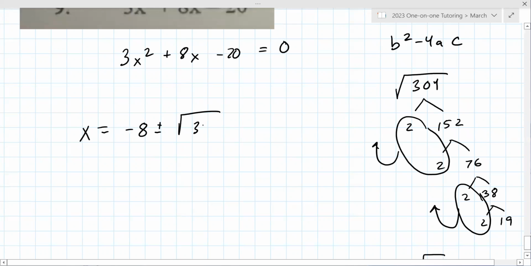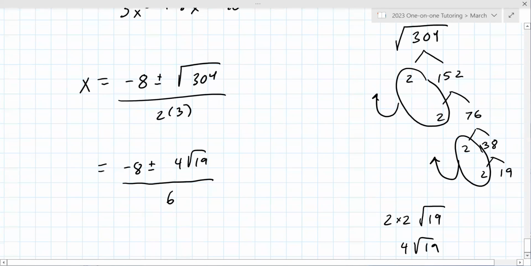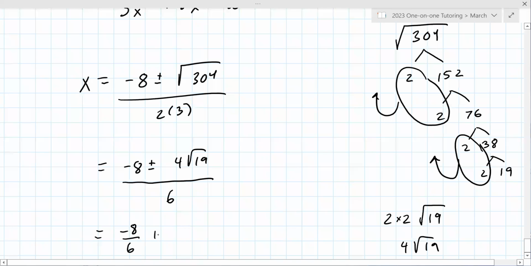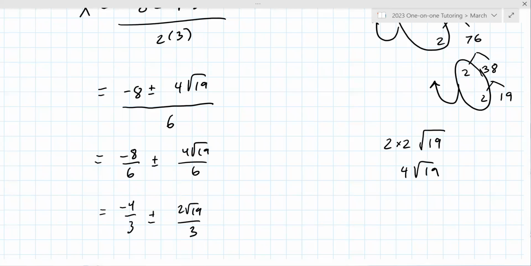So in this case, it is the square root of 304, 2 times 3, but we're going to replace the square root of 304 with the 4 square root 19, and then you divide everything by the 6, so minus 8 over 6, 4 square root 19 over 6, and that reduces to minus 4/3 plus or minus 2 square root 19 over 3. Let me know when you get all that down. We'll see if we can quickly do 10.